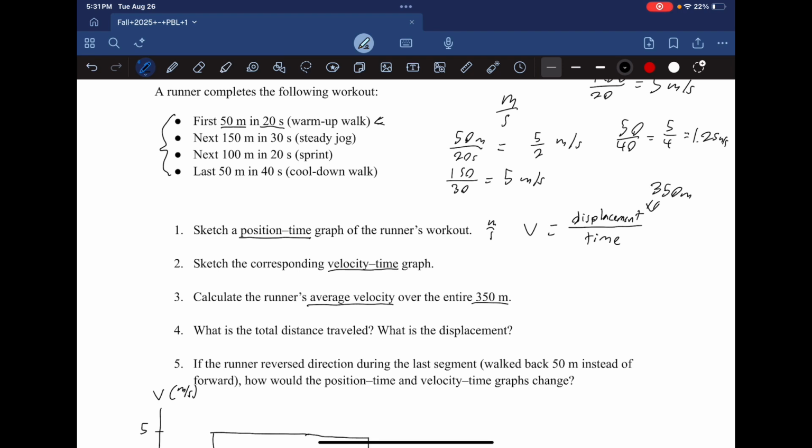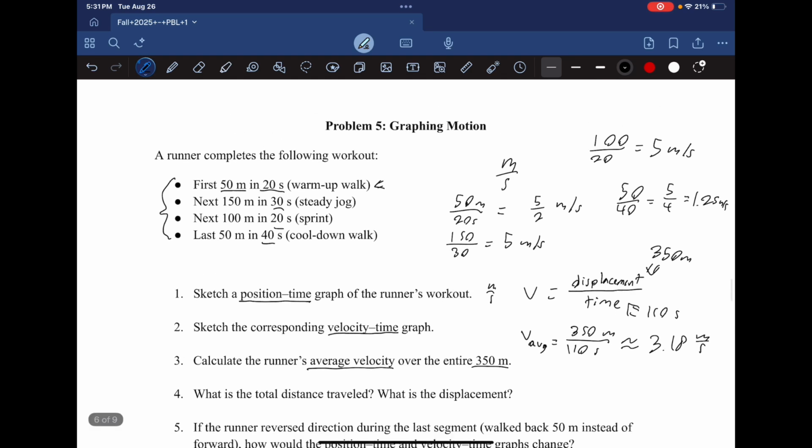And the time is how long it took him in total. So we have 20 plus 30 plus 20 plus 40, which is 110 seconds, and I got all those values from here. So the average velocity is 350 meters divided by 110 seconds, which is roughly 3.18 meters per second.